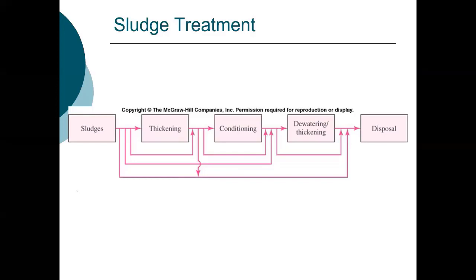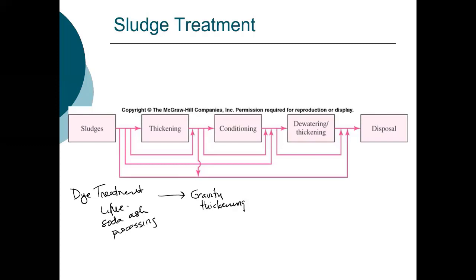So for instance, at the Lansing plant, the sludges from their lime soda ash processing, so from that sedimentation basin, first go through gravity thickening, and we'll look at some photos of this. They actually don't need to condition, and then it goes through a plate filter press.